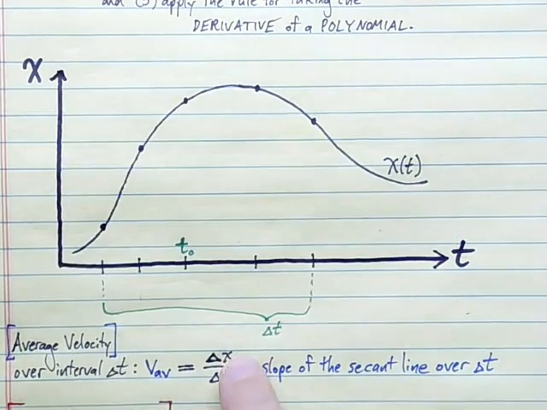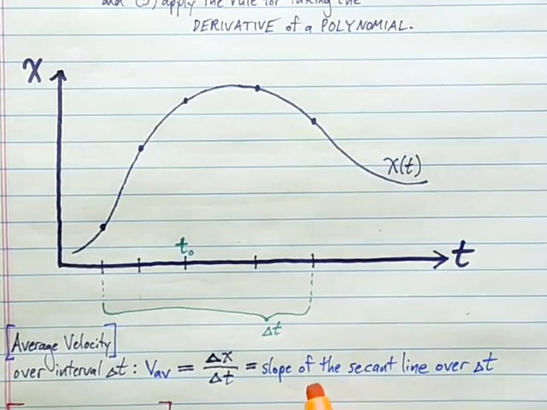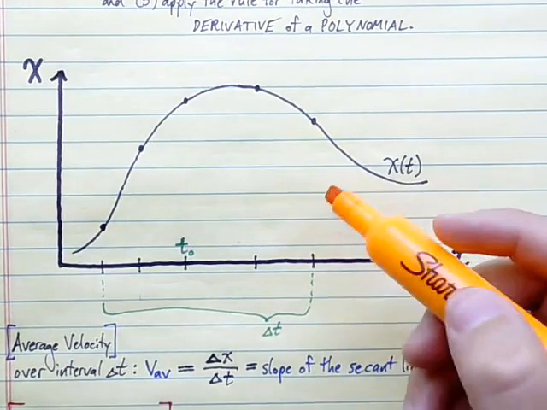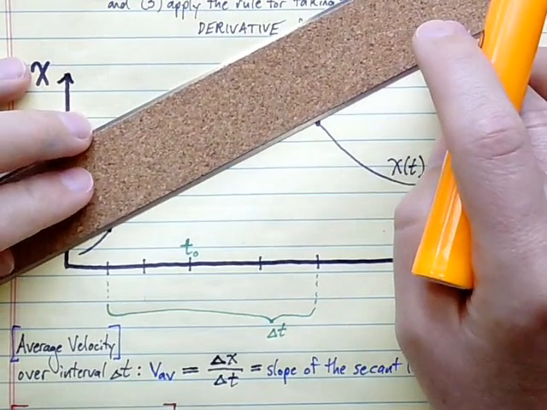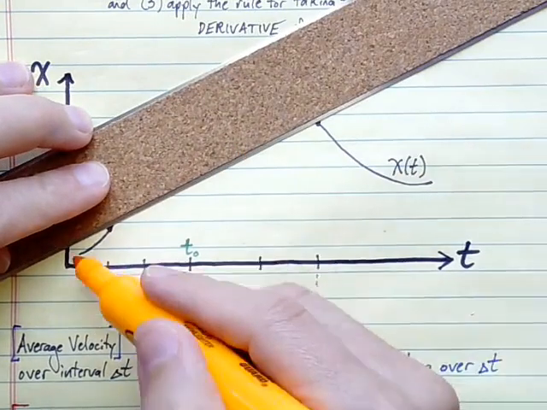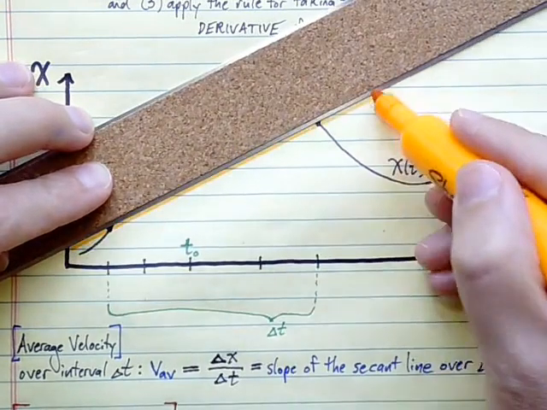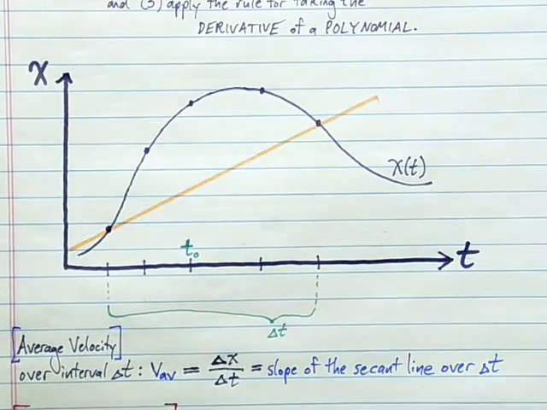So delta x over delta t, we note that that is equivalent, graphically, to the slope of the secant line connecting these 2 points. So I'll draw in the secant line here, intersecting the graph at a couple of points.